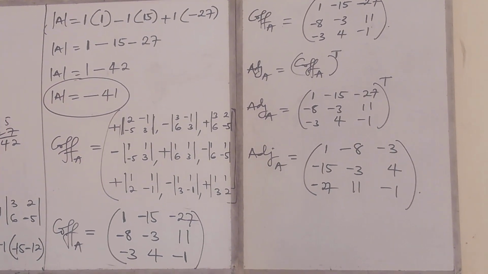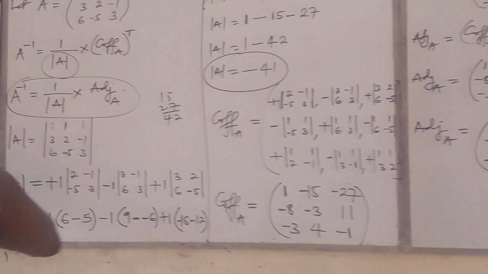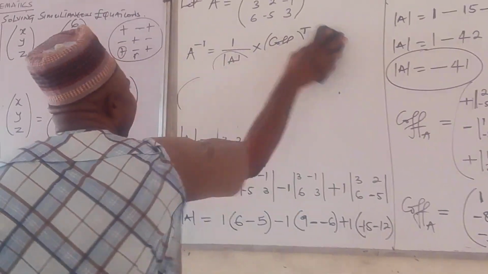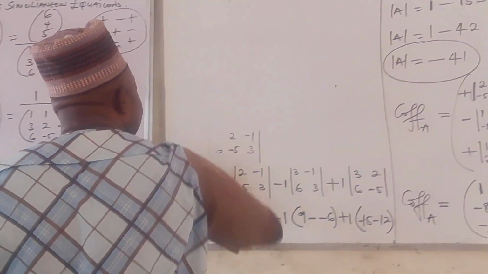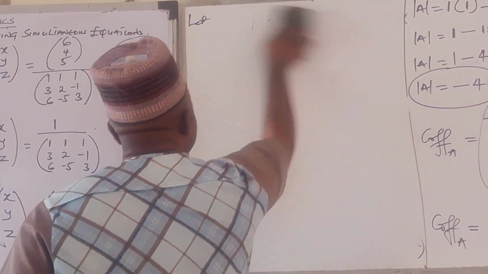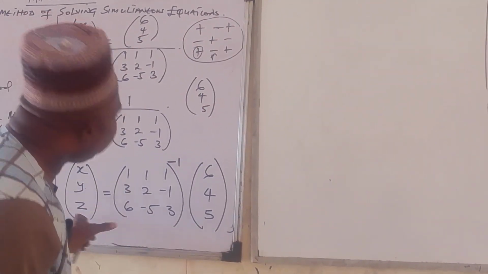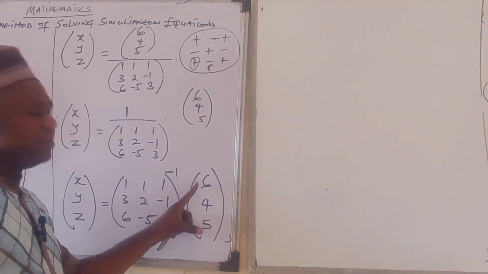So now we want to see the value of our x, y, and z. Now remember what we said about x, y, and z. Let's figure it again. We said x, y, and z is the inverse of this matrix times this value.